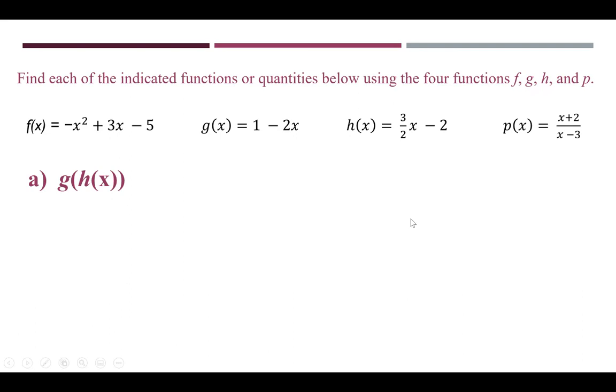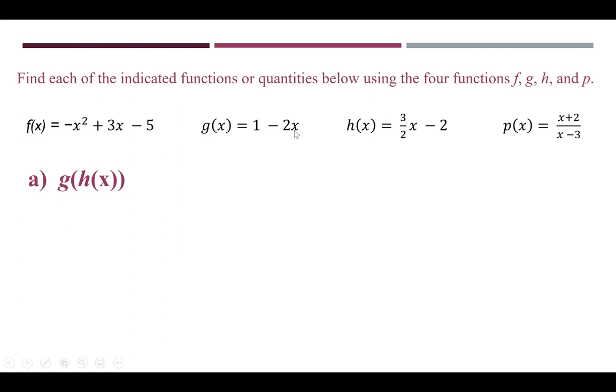Here, we're taking the function of h of x, 3/2 x minus 2. We're going to take the entire expression and substitute that into the g function everywhere you see an x. Well, in g of x, which says 1 minus 2x, there's only one place we see an x.